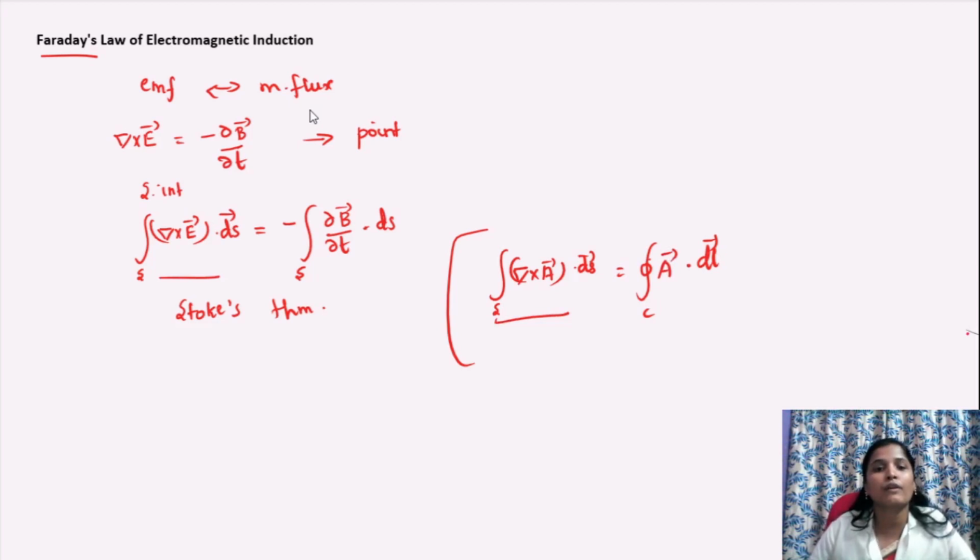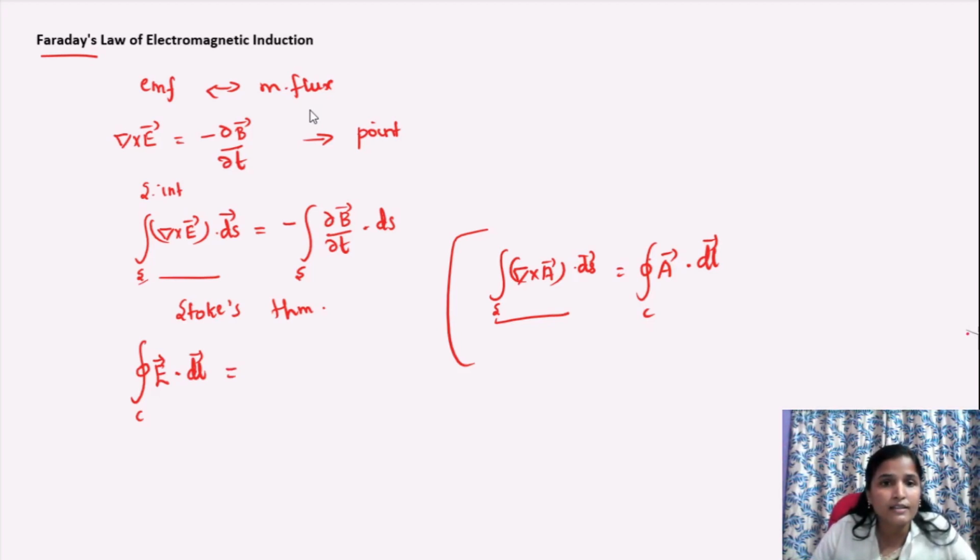Okay, so how can we change the left hand side of this equation? The surface integral is converted into closed line integral of that vector. The vector is nothing but E vector. And we'll write the remaining things as it is with some modification.